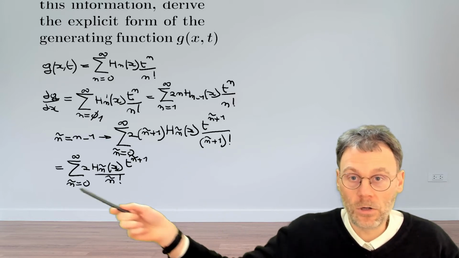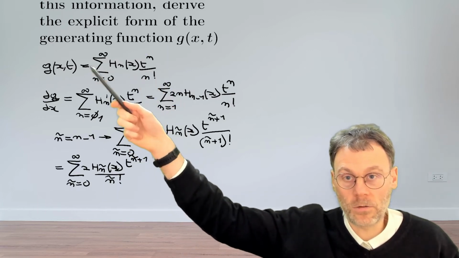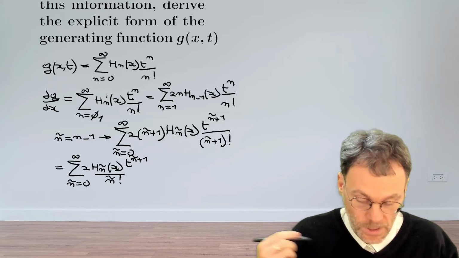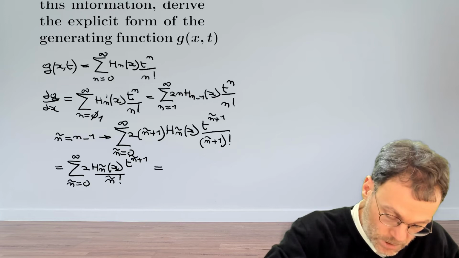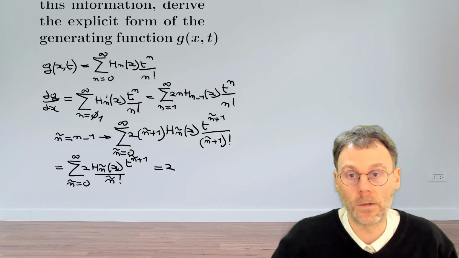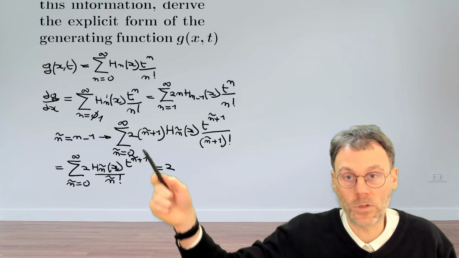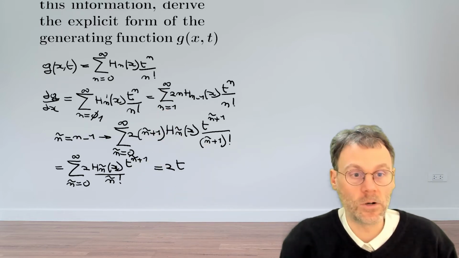If we take a look at this thing here and we compare it to what we have up here, which again is our generating function, you see that this is basically the generating function, but multiplied by 2, of course. And also here we have t to the power of n plus 1 rather than n. So we have an extra t here.